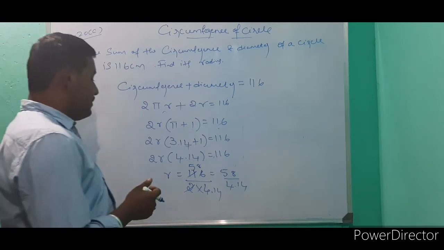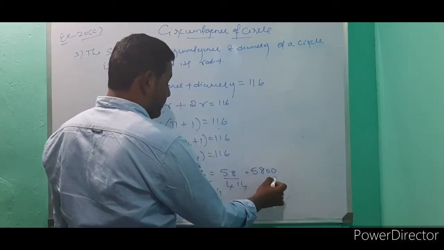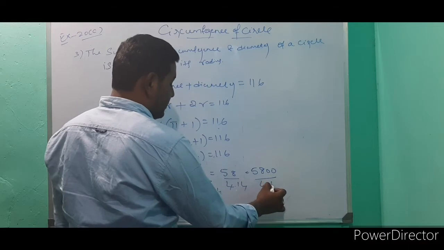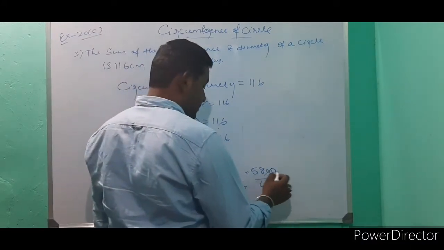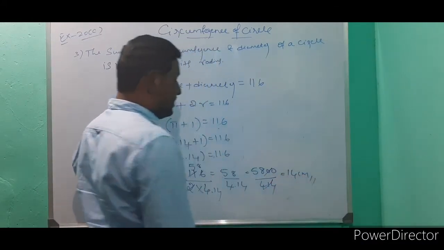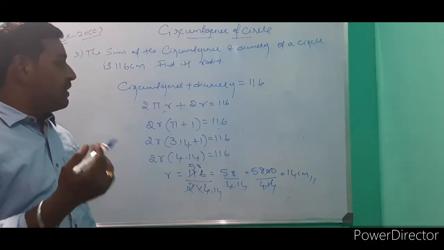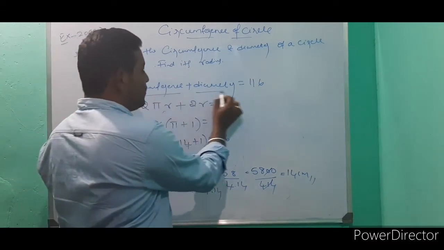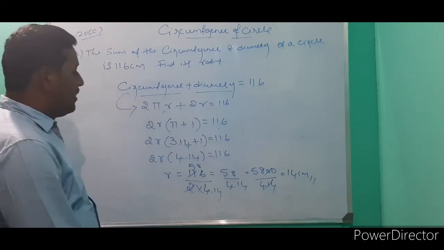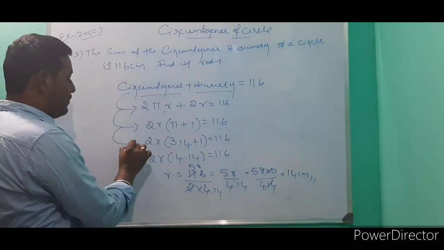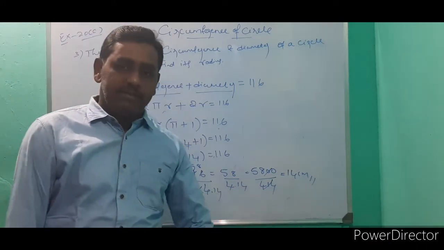You can multiply with 100 and shift the decimal point, and if you cancel, it comes to 14 centimeter, the radius of the circle. So whatever data they have given, first you have to write it in a mathematical equation, then apply formulas. After applying formulas, make the simplification, and then find the final answer.